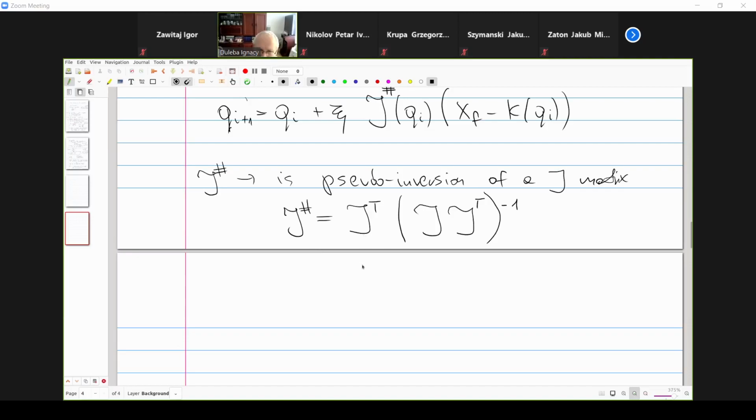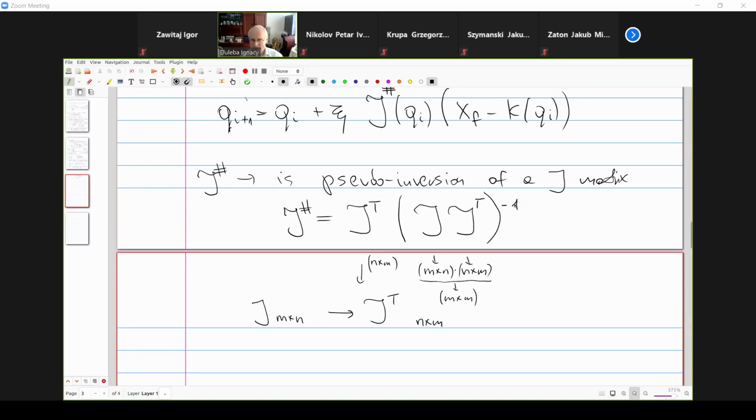Because the J matrix is M by N, the Jacobi transpose is N by M. So we have here an N by M matrix, here M by N, and here N by M. As you can see, if we multiply the matrices, we will obtain a square matrix M by M. So a square matrix, possibly we can invert.